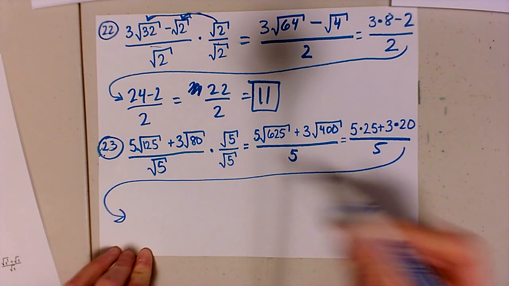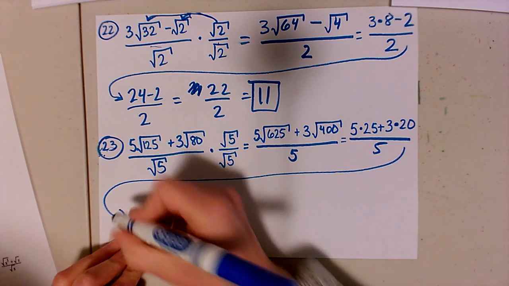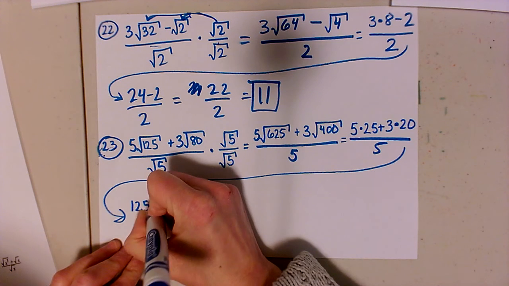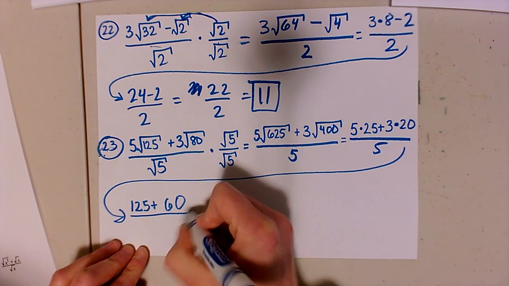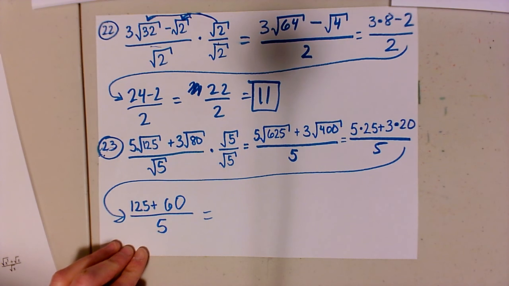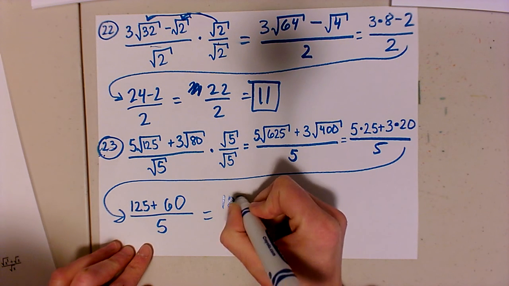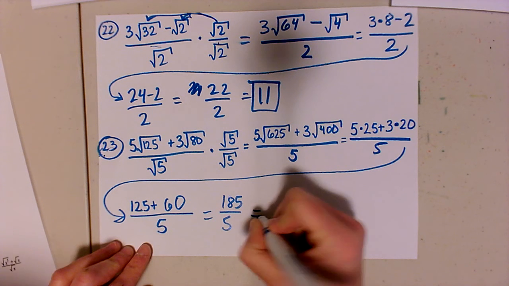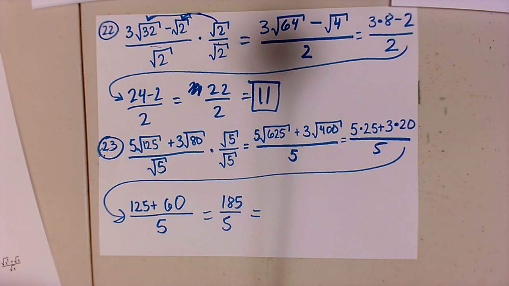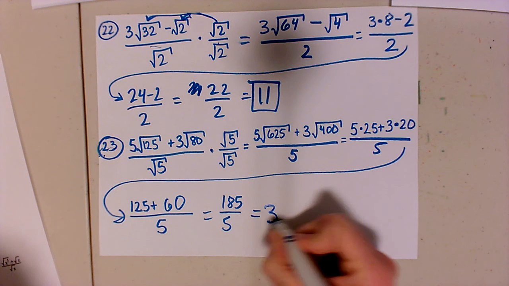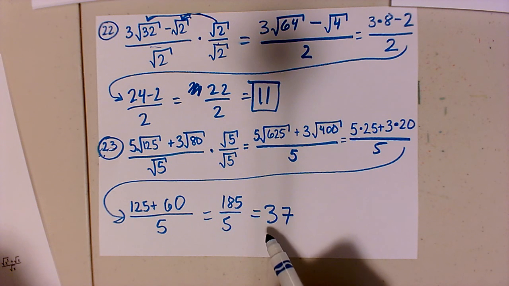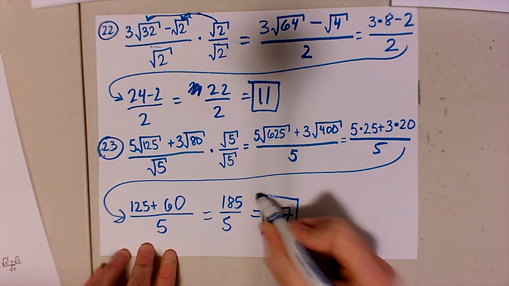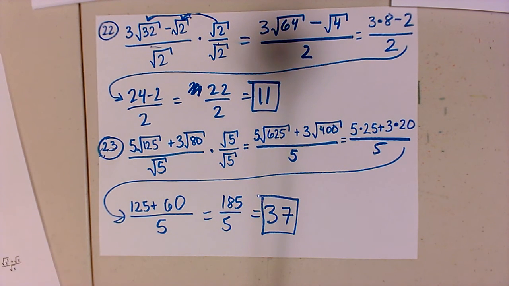So 5 times 25 is 125, 3 times 20 is 60, and this is all over 5. So this is going to turn into 185 over 5, which if we go ahead and simplify that, let's see, that'll be 37. Yeah, 5 goes into 18 3 times. Yep, 37. So that's 23.